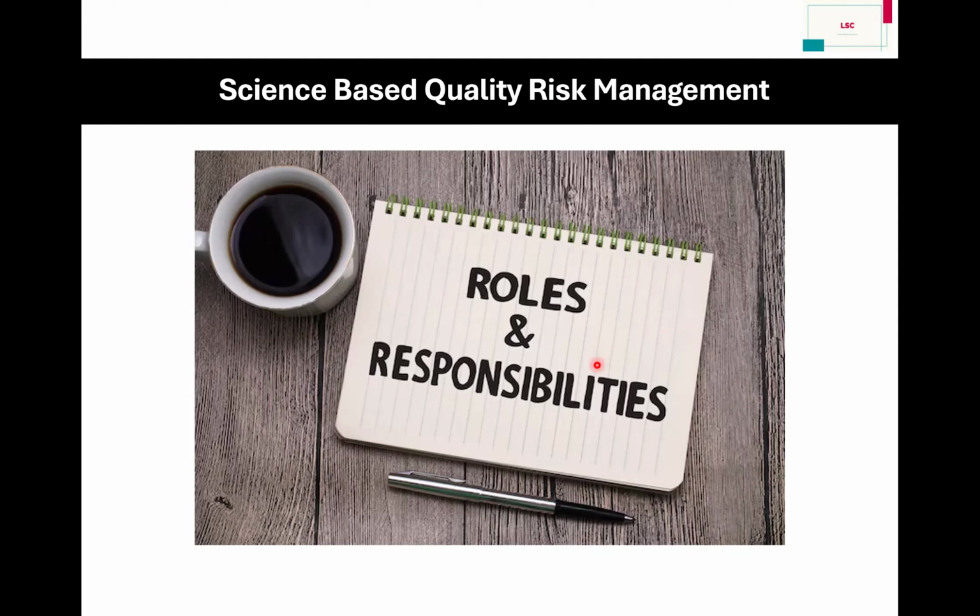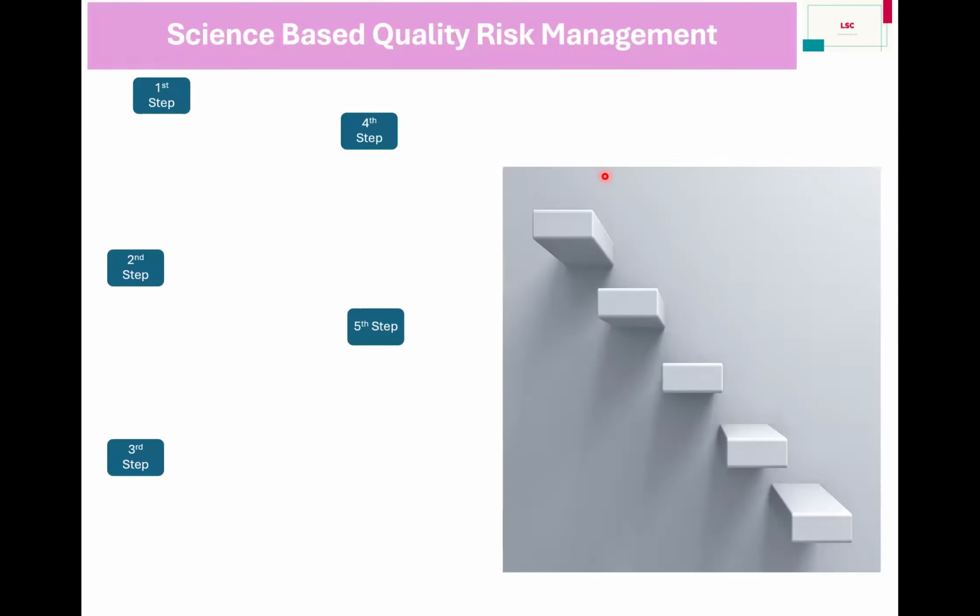So the responsibility should be very clear, and each responsible person should play their part in the quality risk management process.